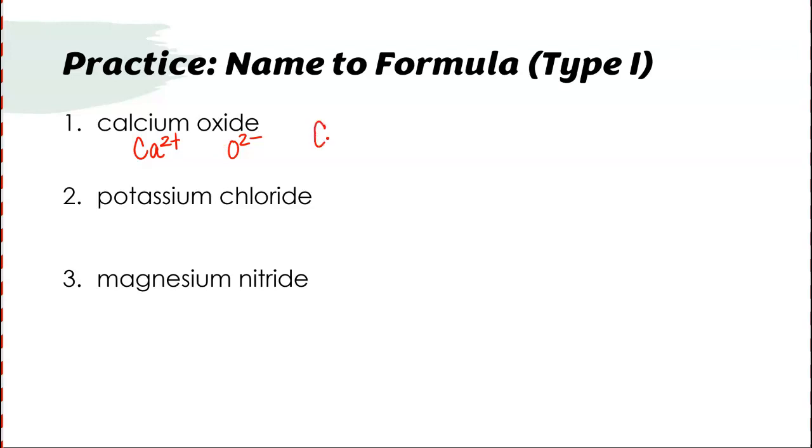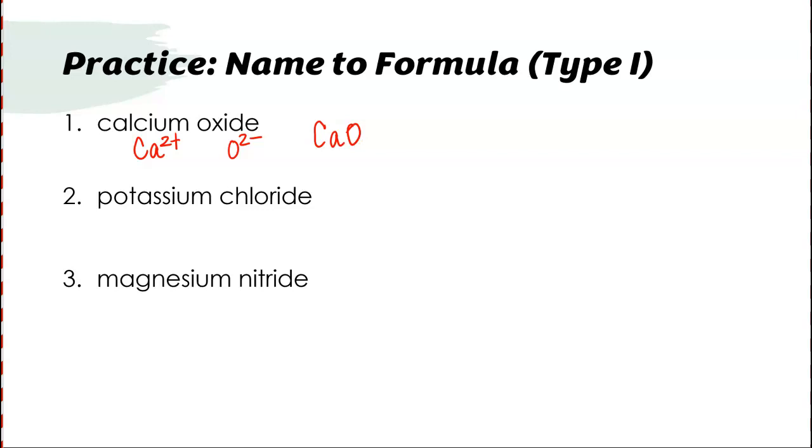And so I simply write CaO. Remember that we want to have the least common denominator, so we want to use the smallest ratio possible. And so we could say 2 to 2, but that isn't the actual repeating formula unit because it's really just a 1-to-1 ratio. And so we just write it as CaO.